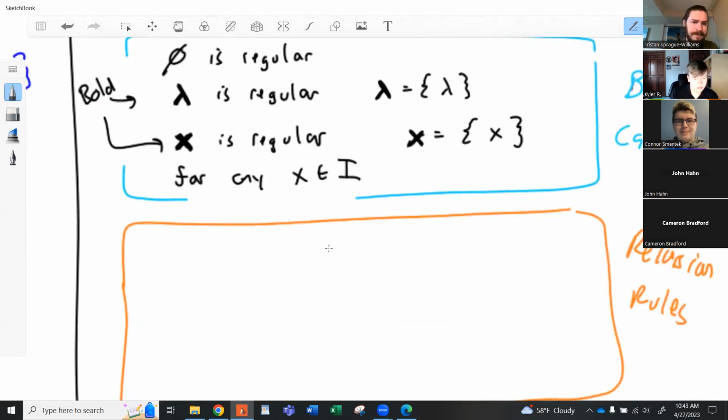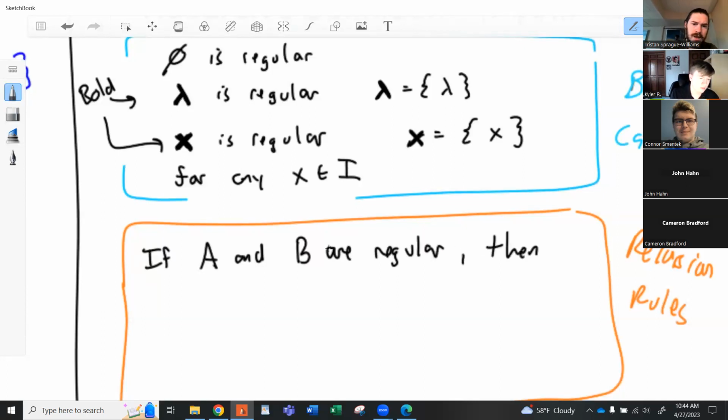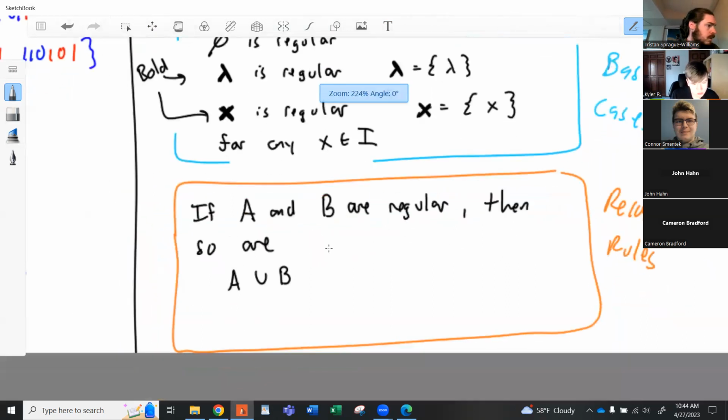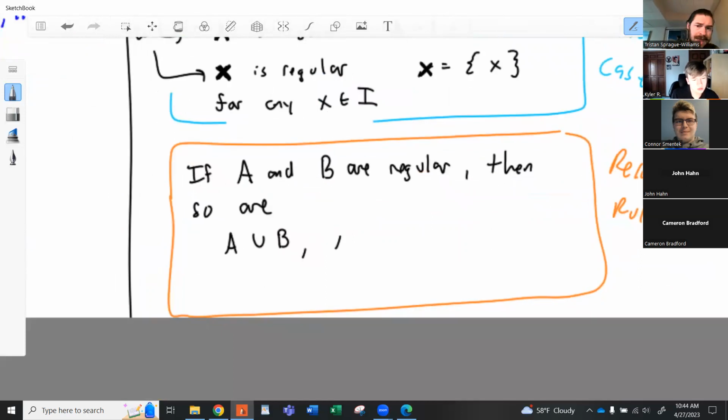And they say, if A and B are regular, then so are A union B, A concatenated with B, and A star. And B star, I guess, but it kind of goes without saying.